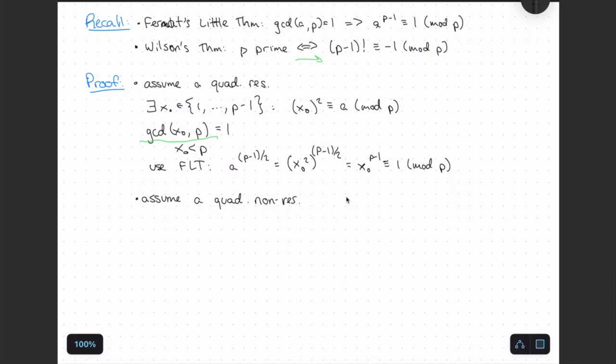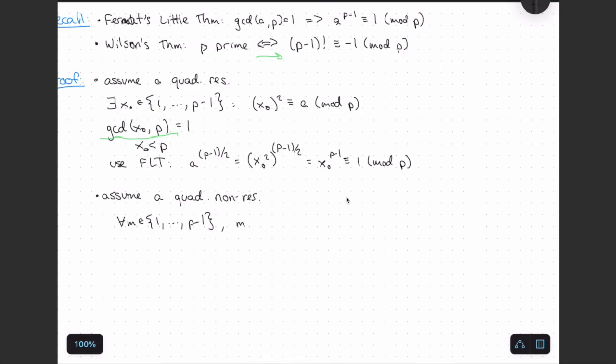Well, this means that for all m in this list, m times x equivalent to a mod p has a unique solution such that x does not equal m, because if x equaled m, then a would be a quadratic residue.